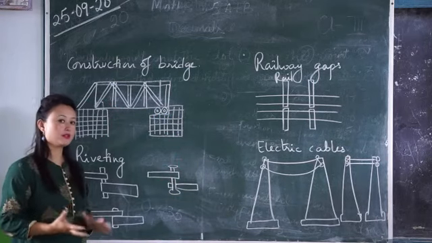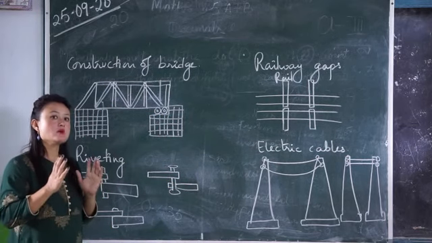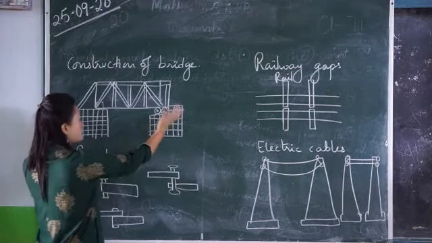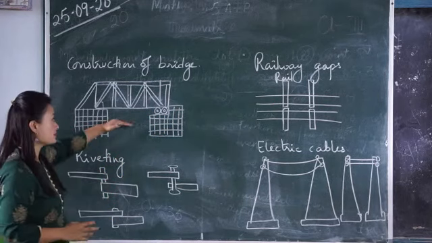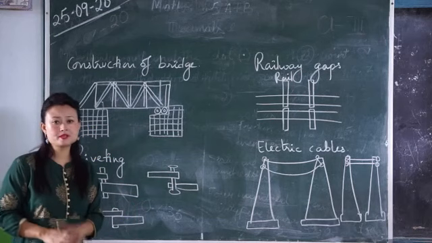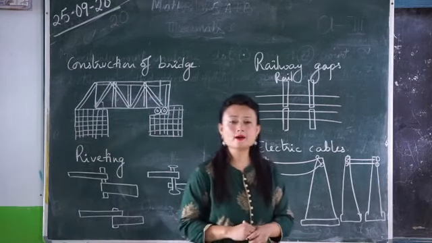During winter, when there is loss of heat, the temperature falls and there is contraction. The bridge will try to contract and the rollers will help it contract, keeping the bridge intact without damaging it. So this is the concept of construction of bridges.